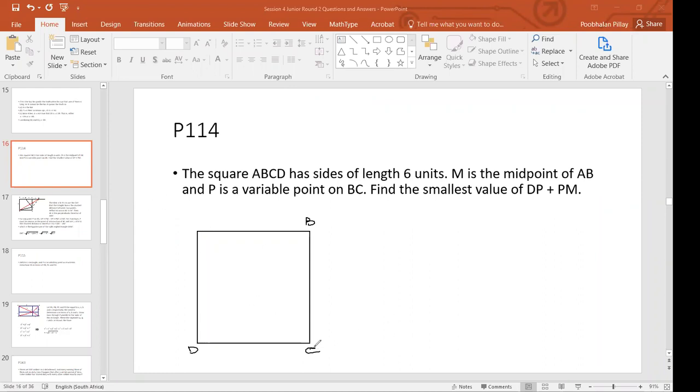A, B, C, D. M is the midpoint of AB, so these are equal. This is M. And P is a variable point in BC.